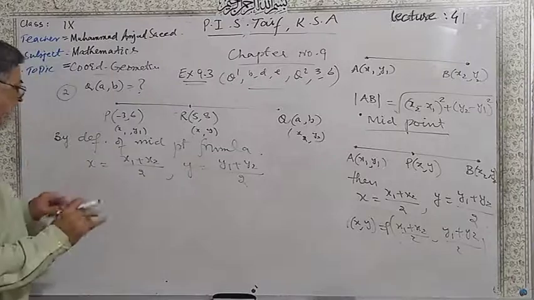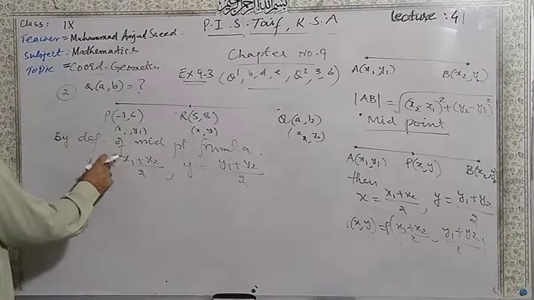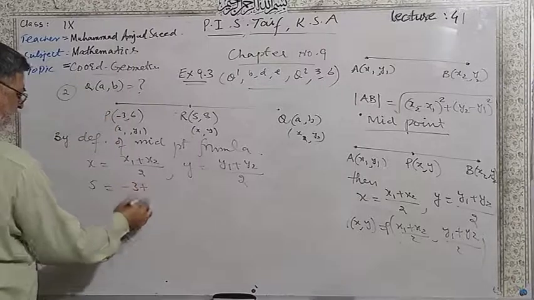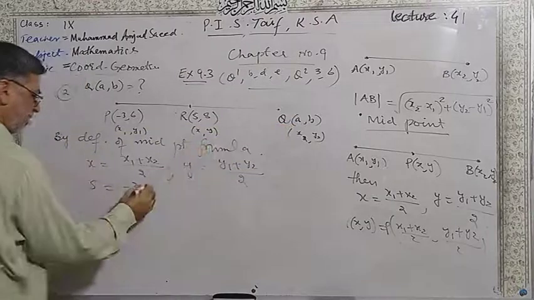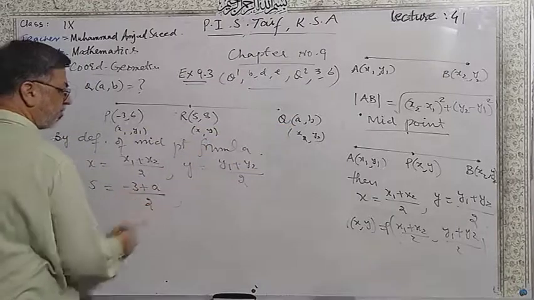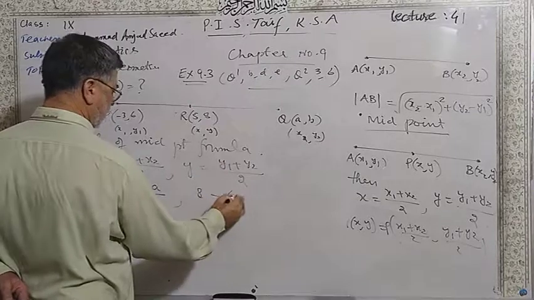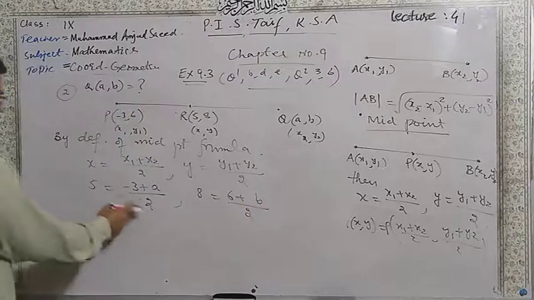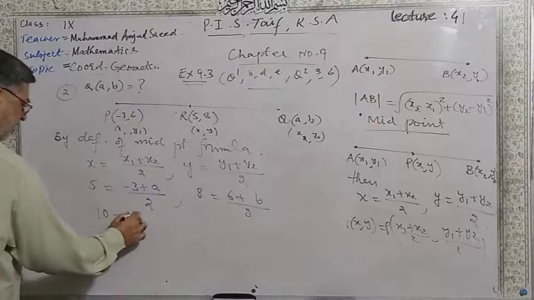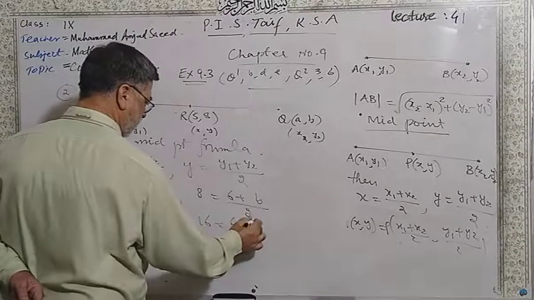Put the value of x. What is the value of x? 5. What is the value of x1? Minus 3. And what is the value of x2? a over 2. Then the value of y is 8, y1 is 6, and the value of y2 is b over 2. Bring this 2 here. It is 10 is equal to minus 3 plus a. Here it will be 16 is equal to 6 plus b.